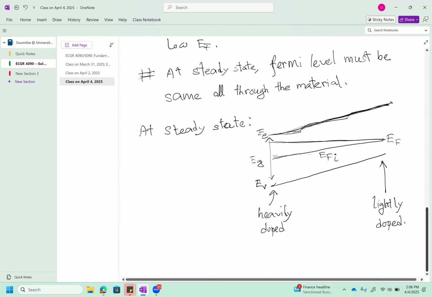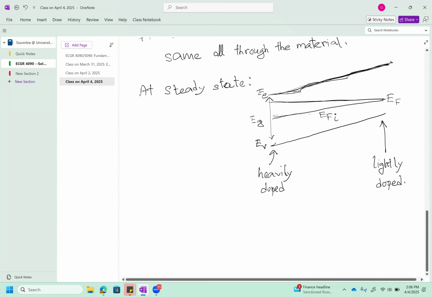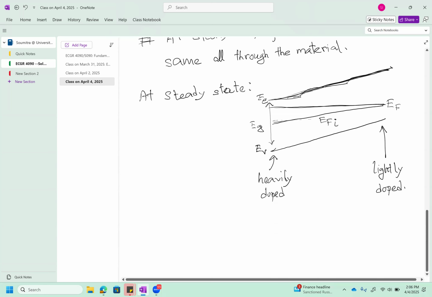Now, if EC and EV are bended from left to right, that would create an electric field. Okay. So when we talk about the electric field, remember that it is like a battery. The job of a battery is to create a potential difference between one side and the other side of a wire.